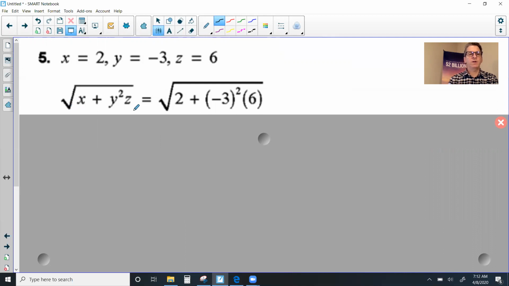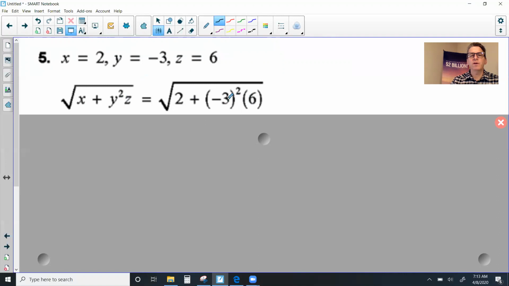So there's both substitution and simplifying the expression. Substitute your 2 in for x, your -3 in for y, and your 6 in for z, which would be your first step. And you want to see if you can simplify anything in the radical first.